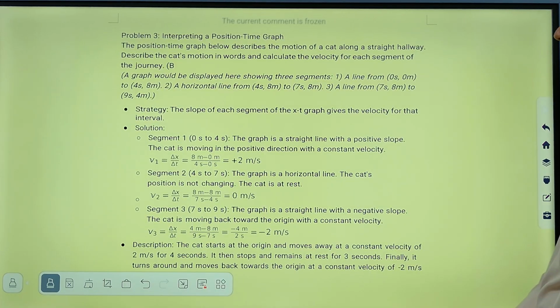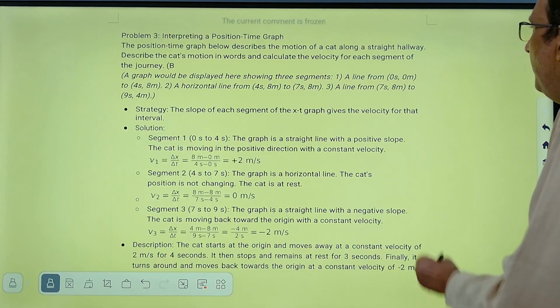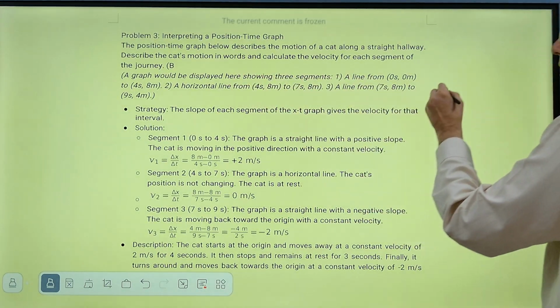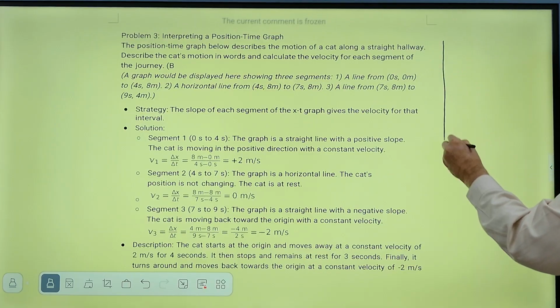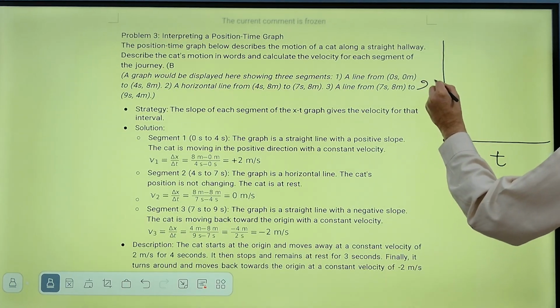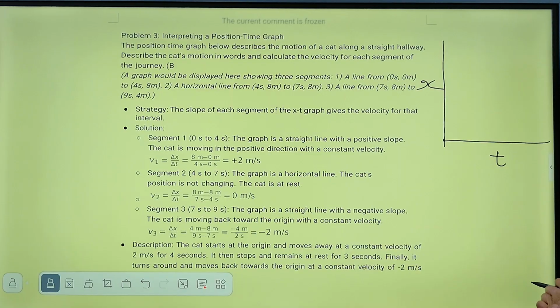So basically we have a position-time graph which is described here. So time versus position, okay.